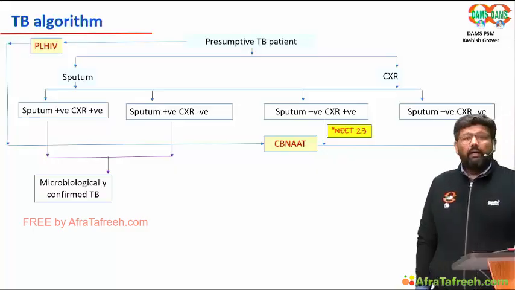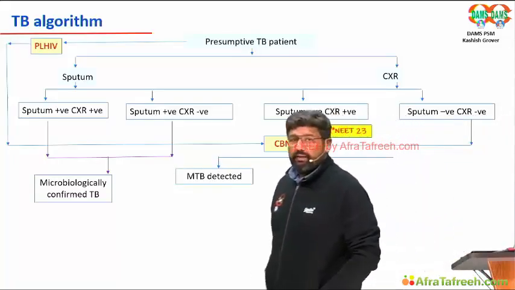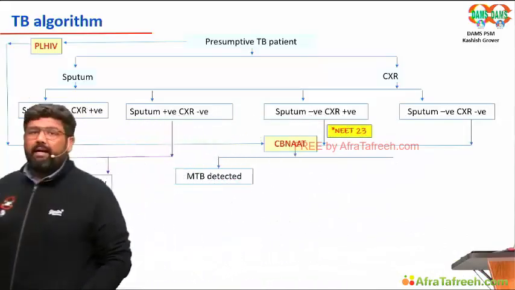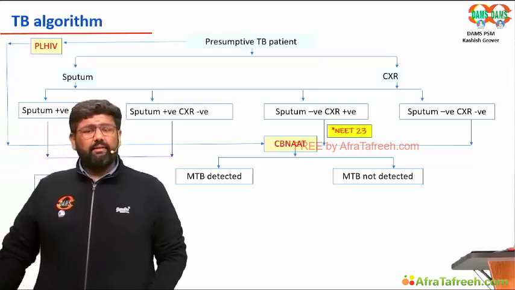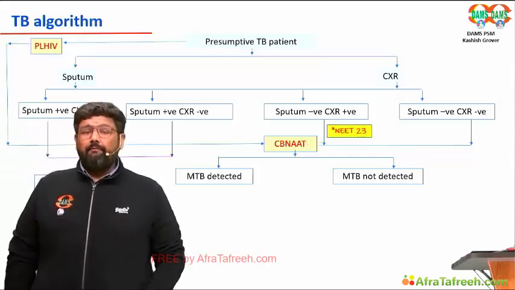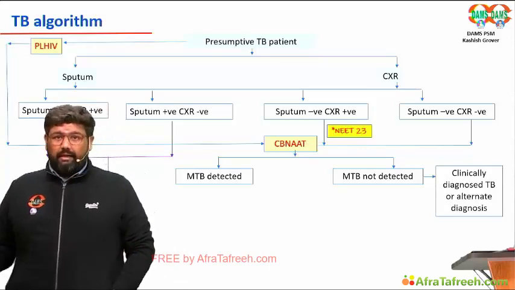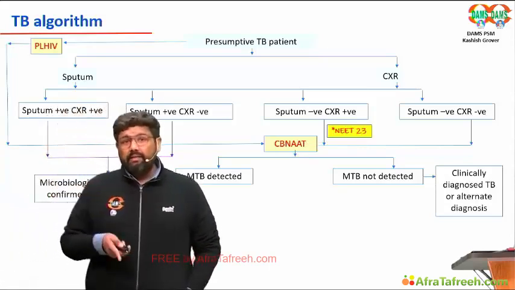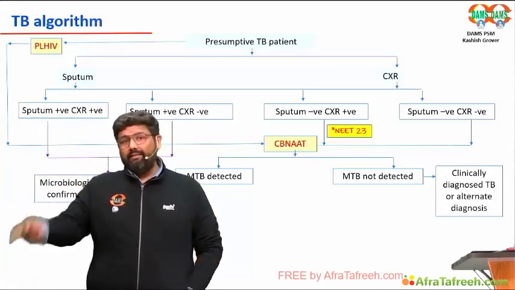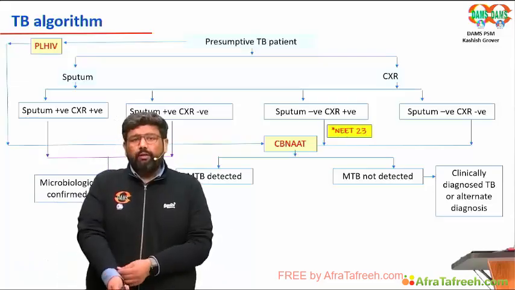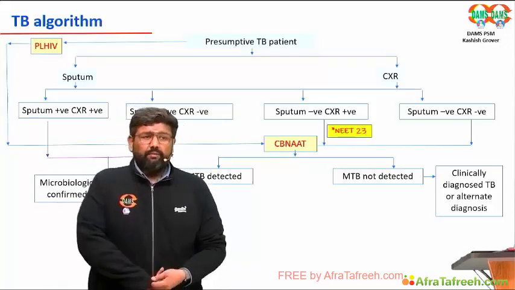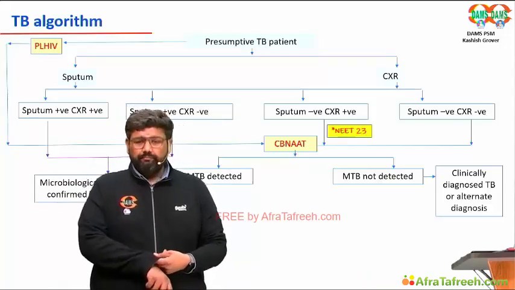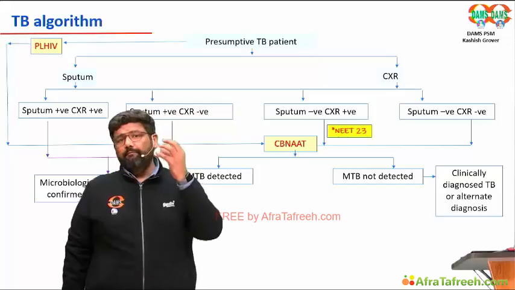Now, the next scenario: CBNAAT will tell you either MTB detected, bacilli detected, or not detected. If MTB not detected and you are still sure that this is TB, I'll tell you one story. One of my very good friends had a 3-year-old kid who developed a swollen lymph node here.